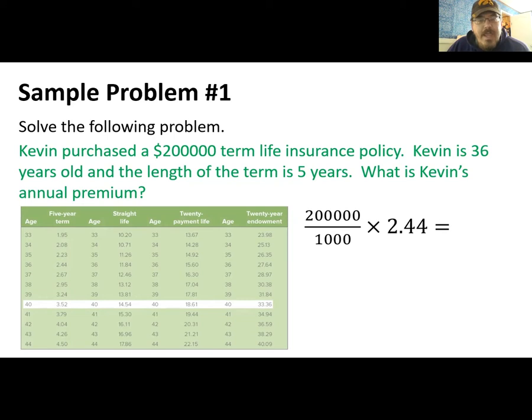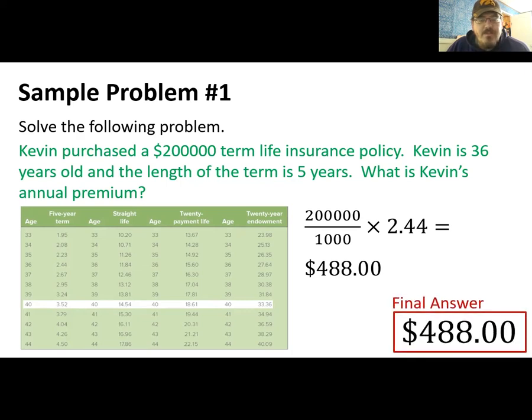So in order to figure out the annual premium, we take the amount of insurance that Kevin wants, the $200,000 in coverage, divide that by 1,000, and then multiply by our table factor, which we identified as 2.44. That calculation is the annual premium Kevin would have to pay to buy this particular plan. So our answer is $488 in terms of his annual premium.